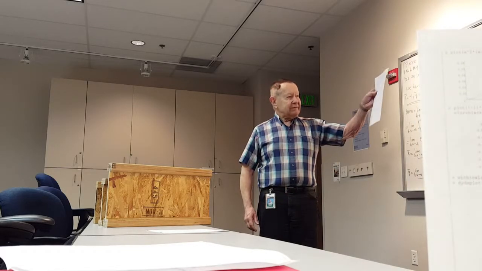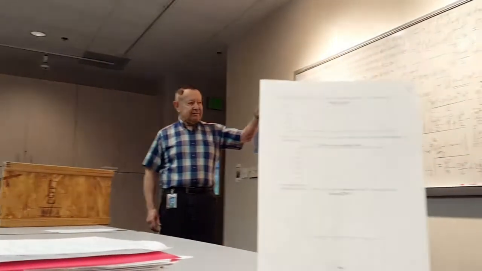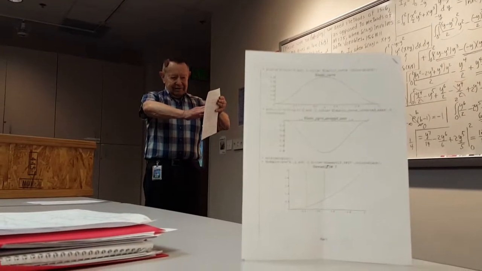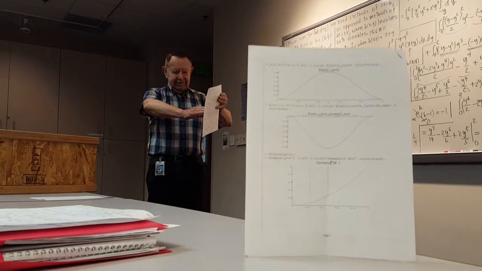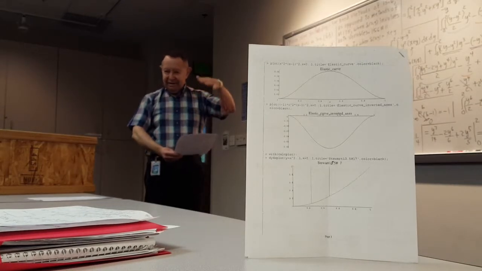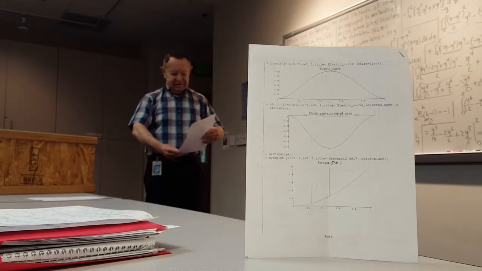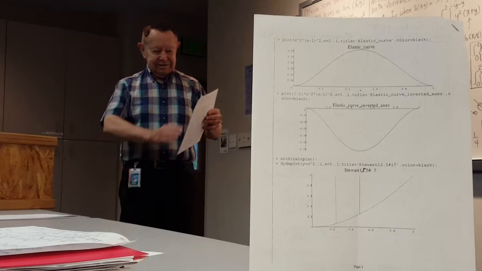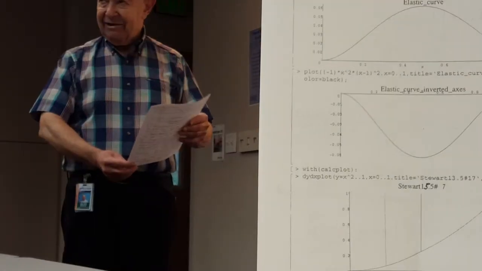So your second picture on the back page is your elastic curve with y positive down. The first one would be if y were positive up, but of course that's not what your load does, it sags. So you can see that there's a real sag there.